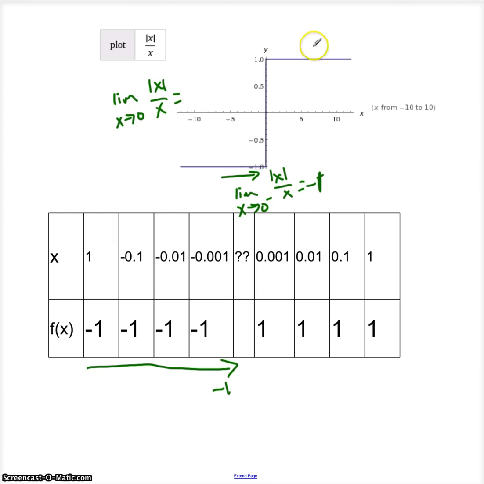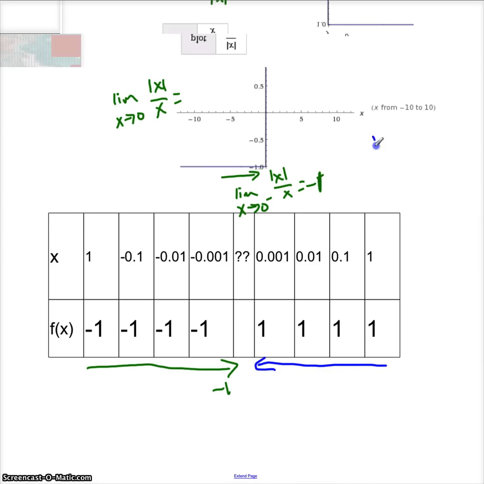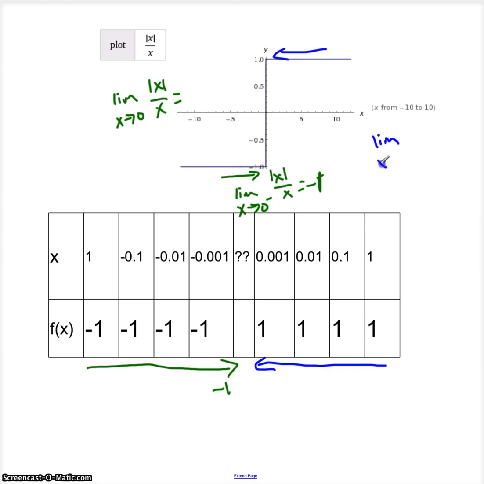Now if I go from the right, it's clear graphically and from my table that the limit as x approaches 0 from the right of the absolute value of x over x is equal to positive 1. So what we say is the left limit does not equal the right limit, and therefore the limit doesn't exist. How do you put this in words?